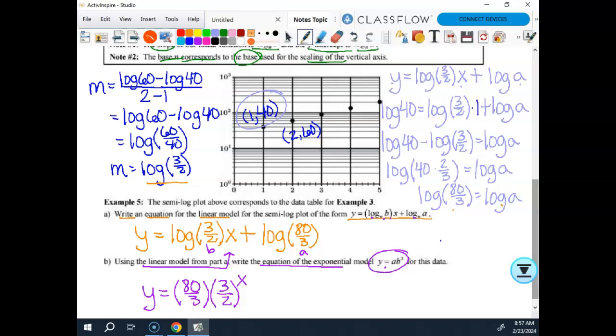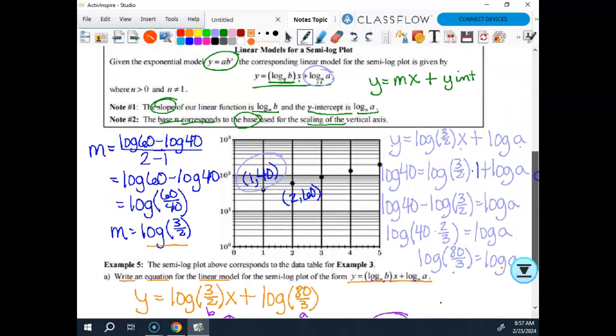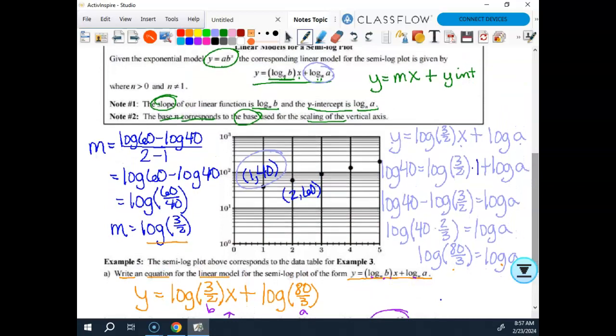Yes? So when I look up here, we should know what an exponential equation looks like, right? That one, yes, we absolutely should know. I know this one looks weird because it's got logs written all in it, but remember, all it is is the equation of a line in slope-intercept form.